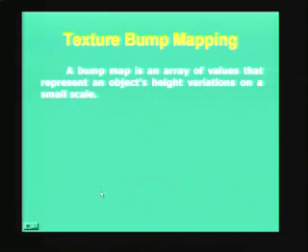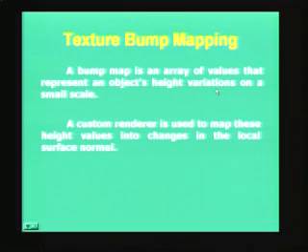A bump map is hence an array of values that represent an object's height variations on a small scale. I repeat again, a bump map is an array of values that represent an object's height variations on a small scale. A custom renderer is used to map these height values into changes in the local surface normal.